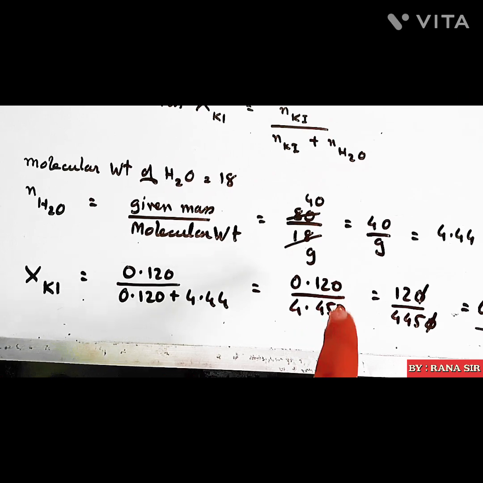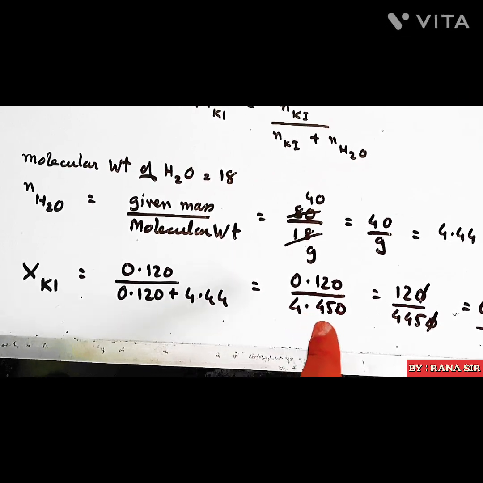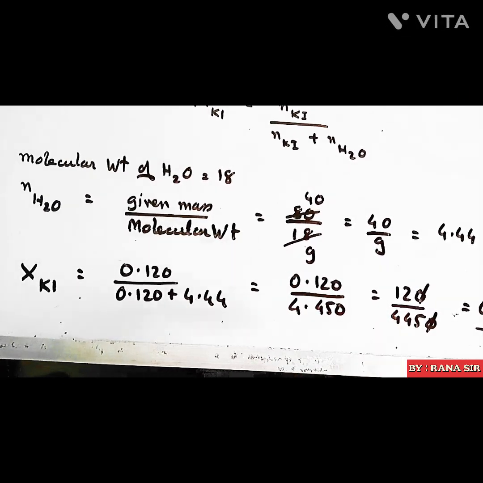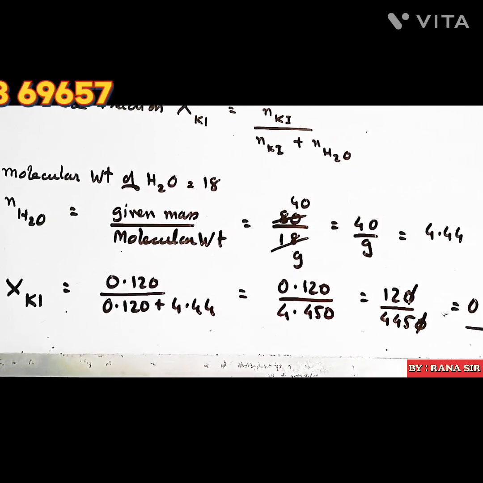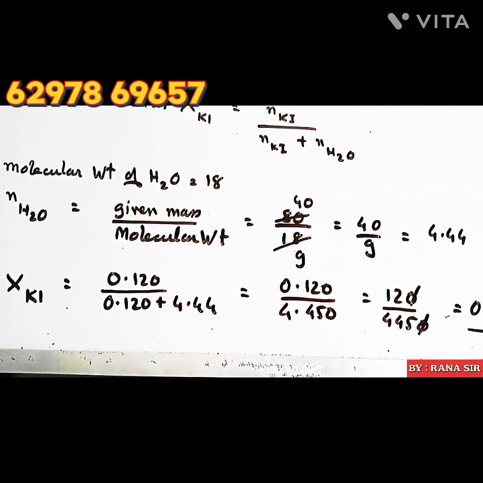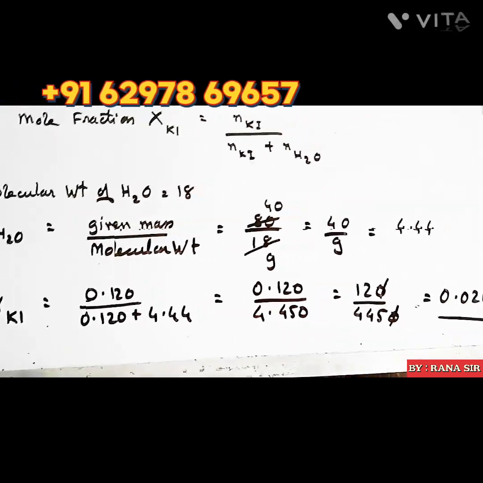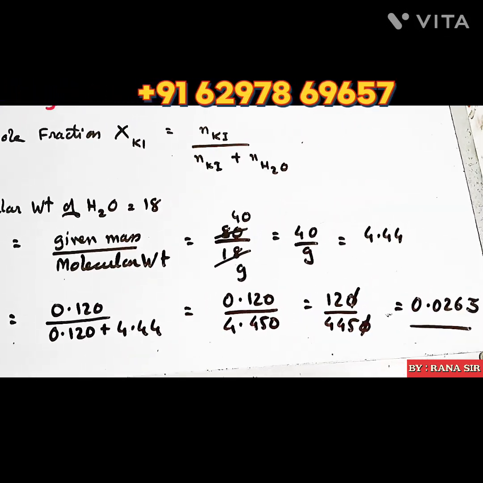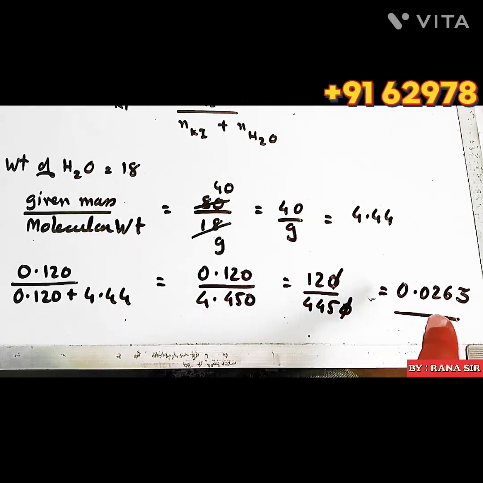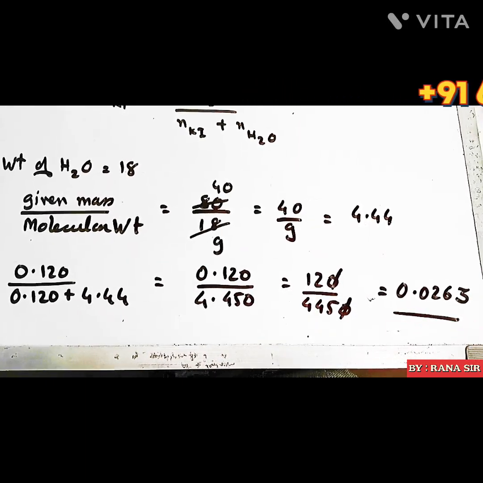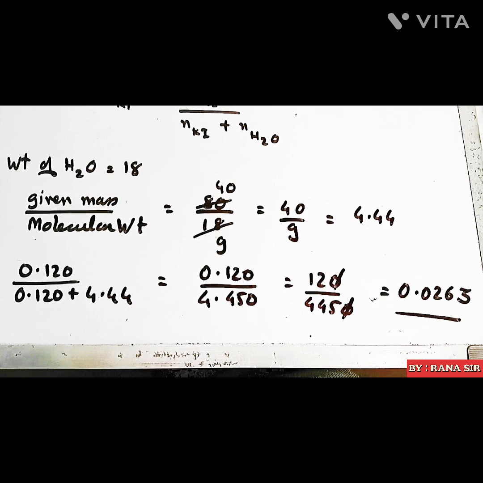So 0.120 divided by 4.560. Shift the decimal right side 3 places. So 120 divided by 4560. 0 and 0 cut. We have to do the normal long division and we get the answer as 0.0263. This is the answer of the mole fraction.